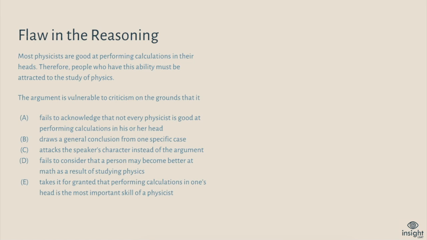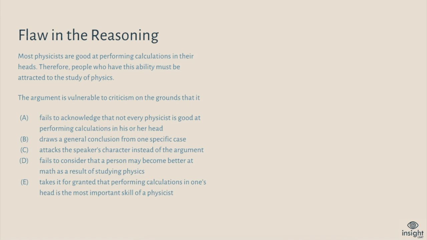But then you look at the answer choices and it's just like it's in a different language. It's all this abstract, complicated language, and it can be very difficult for people to understand what the answer choices even say, let alone to know if they describe the flaw that they've seen. So the challenge in preparing for these types of questions is learning to understand that complicated, abstract language.